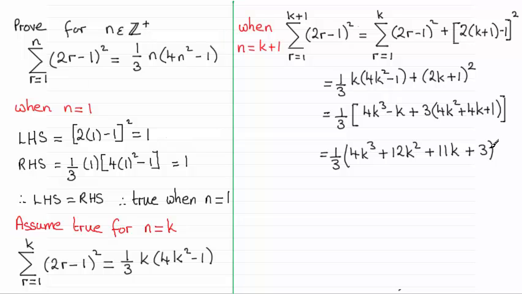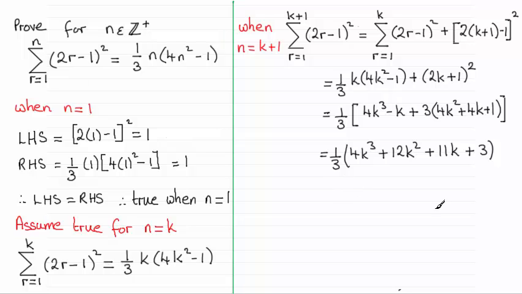Now, I need to factorize this, and we can get a clue of how it's going to factorize just by looking at what we're expecting to get here. Remember, wherever there's an n, there should be a k plus 1. So I know that this should be 1/3 and then k plus 1, so k plus 1 must be a factor.